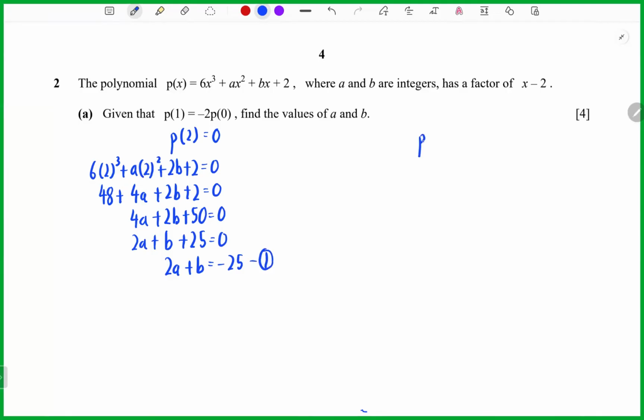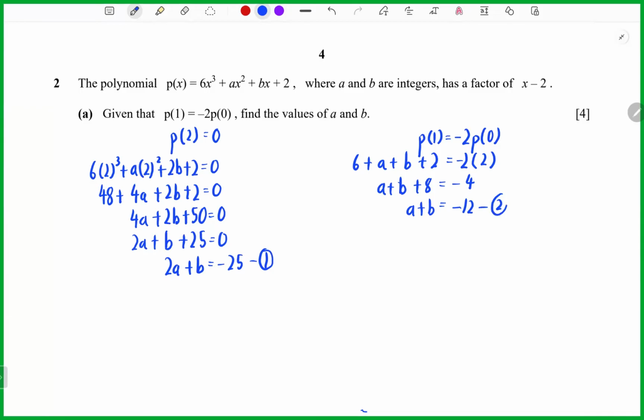Now p(1) equals negative 2, p(0) equals 2, so 6 plus a plus b plus 2 equals negative 2 plus... so we get 6 plus a plus b plus 2 equals negative 4. So a plus b equals negative 12. This is the second equation.